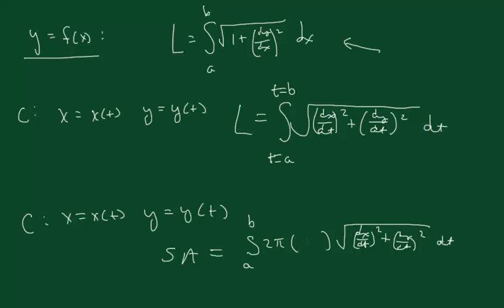Now, if you are revolving about the x-axis, so you take a function or a curve and you revolve it around the x-axis, then this radius here is going to be the value of y of t.